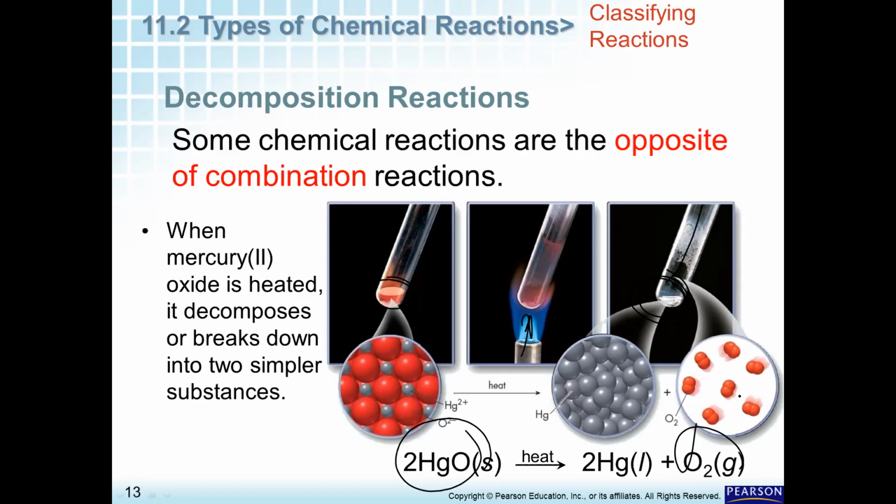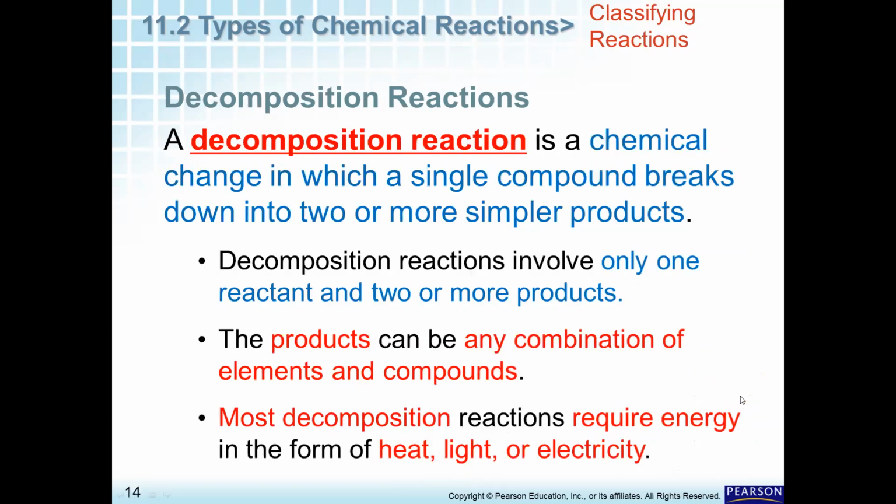Because it is not always the case that the compound will be separated into two metals or two elements. It could be a big compound that will lose some and leave some others, so it will be two simpler substances, as they usually say. Two simpler means less complex than those. As a definition, a single compound breaks down into two or more simpler products.